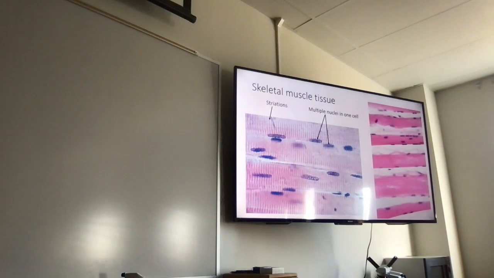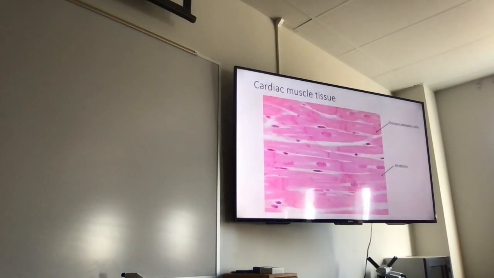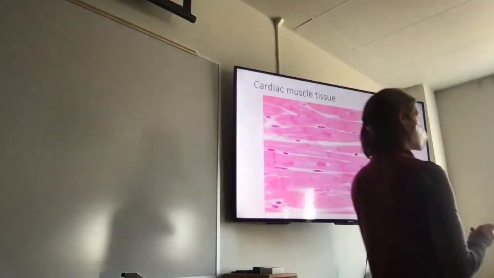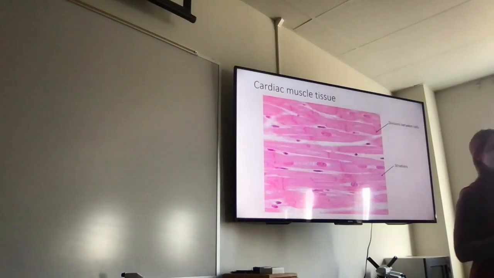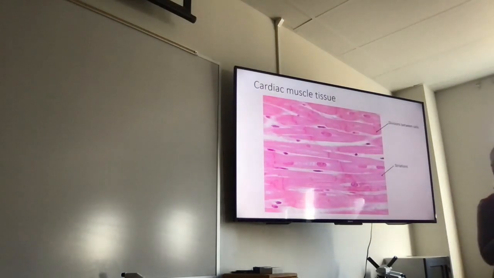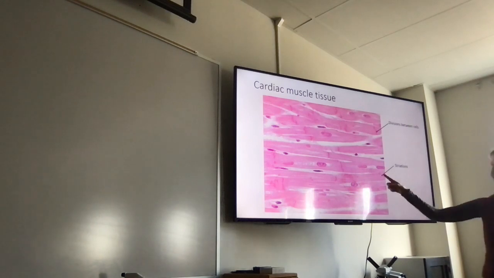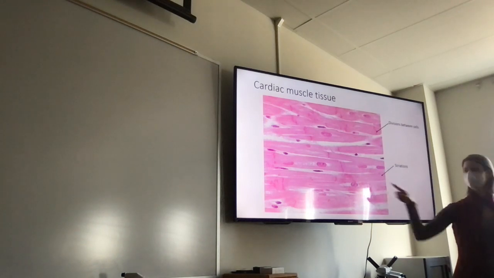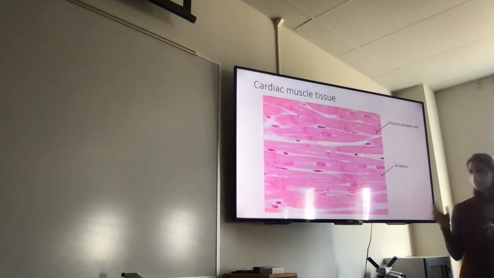Skeletal muscle, cardiac muscle is the next one. It's kind of similar, but a few easy to pick out differences between cardiac and skeletal muscle. Cardiac muscle is only in the heart. It's the only place it's found. It has striations. I don't think they're as obvious as the skeletal muscle striations, so they're a little bit less obvious, but they're still present.